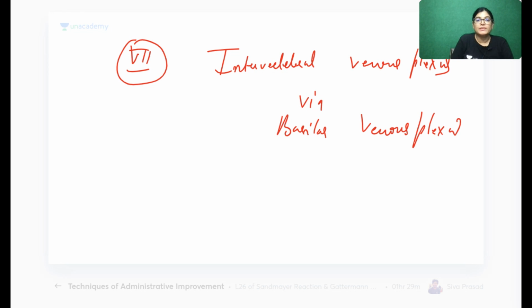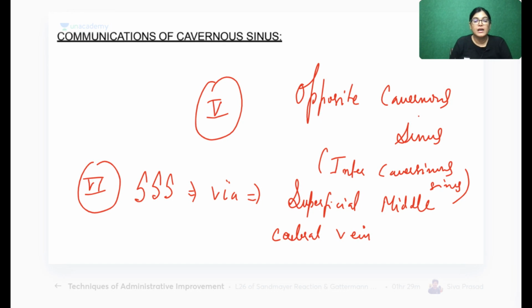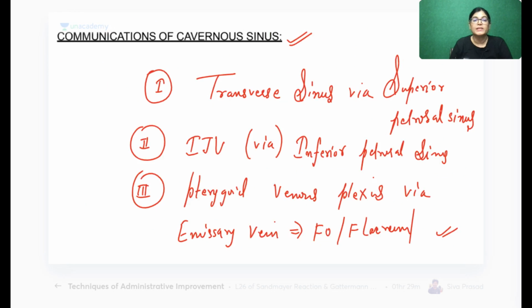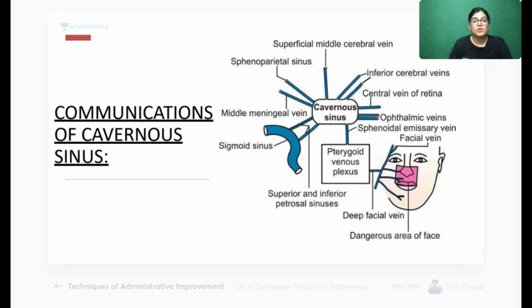Now, my dear students, we have done with the communications and the tributaries, which is quite evident in this diagram also. This is the cavernous sinus. These are tributaries: superficial middle cerebral vein, sphenoparietal sinus, inferior cerebral vein, central vein of retina, ophthalmic vein.